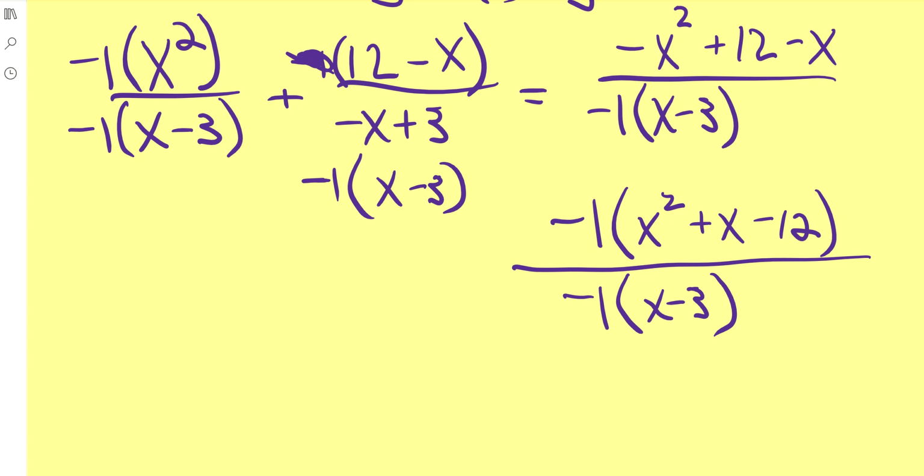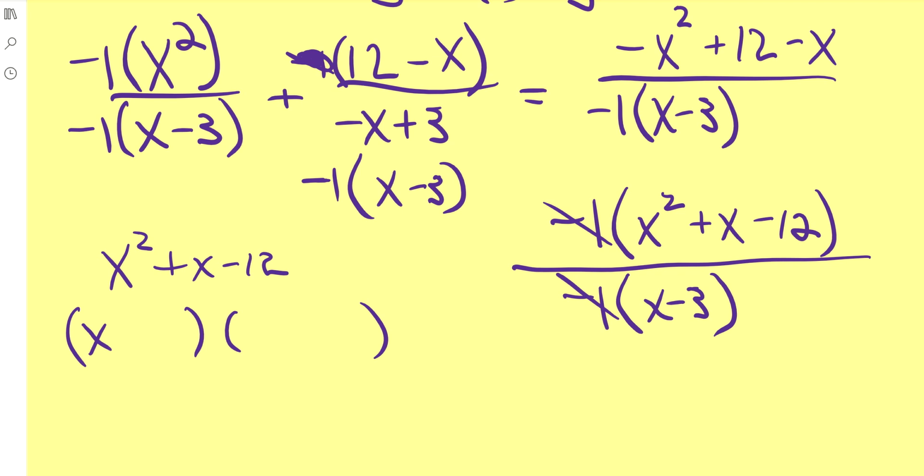And what can I do at this point now? Well, I can cancel the negative 1's at this point. And then I can factor the x squared plus x minus 12. When I factor this trinomial here, I'm going to get x and x, plus and minus, and 4 and 3. 4 minus 3 is the 1 in the middle, 1x.